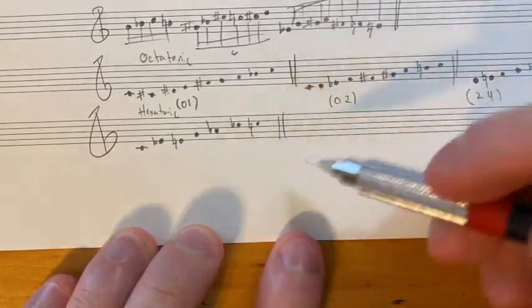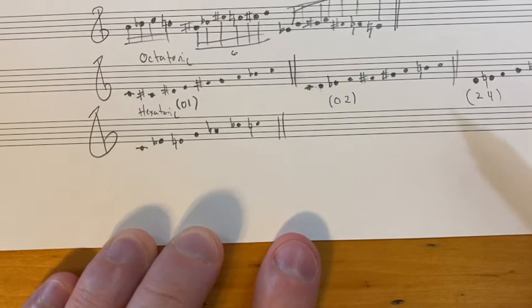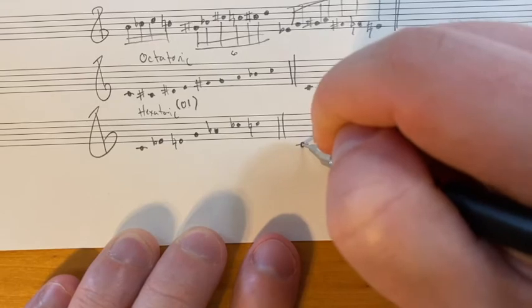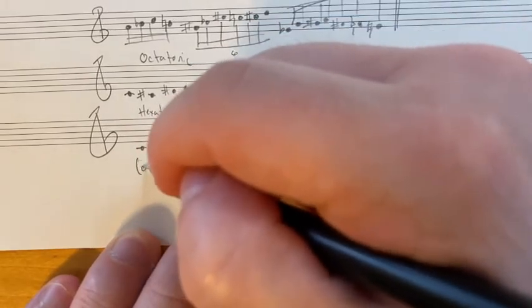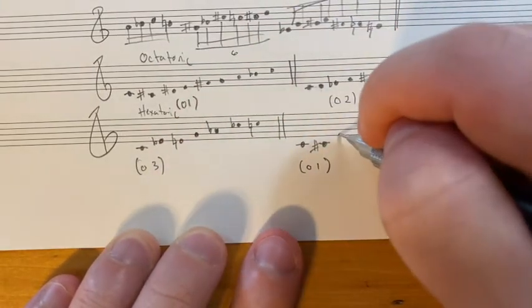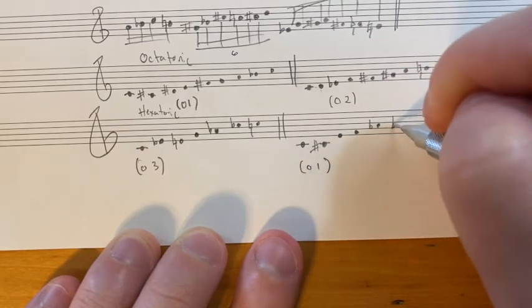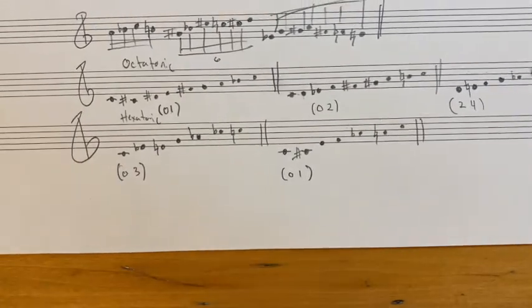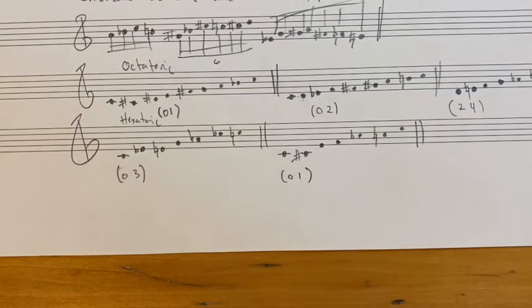And of course there's several versions of that you can write as well. You can start with the half step instead. And again, we could call this a 0, 3, call this a 0, 1 hexatonic. All right, that's another hexatonic scale. 0, 3, 0, 1.